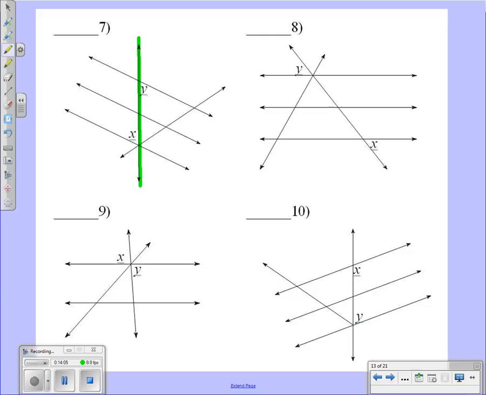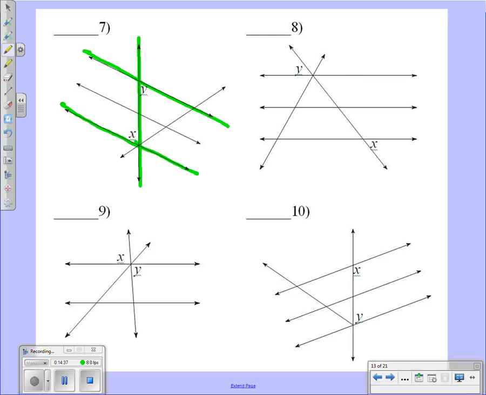Okay, the other thing I want you to do now is, because we have a lot of extra lines here, we're also going to highlight the lines that are parallel, the lines that make up the angles. So for my angle Y, the other line that makes it up is this line across the top of the Y. For the X, here's my angle X. The other line that makes it up is the one that's right below the X. So now we have our two lines and we have the transversal.